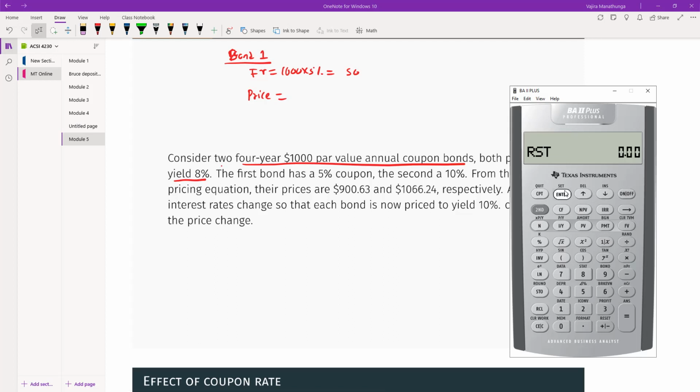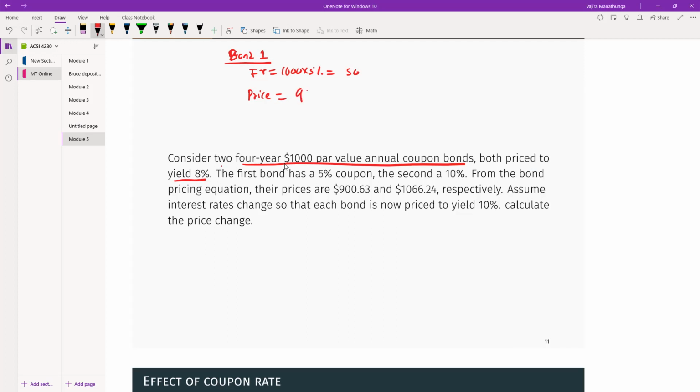The payment is 50, maturity value is 1,000, 4-year bond so N is 4, rate is 8%. And if I compute the present value, it's 964.